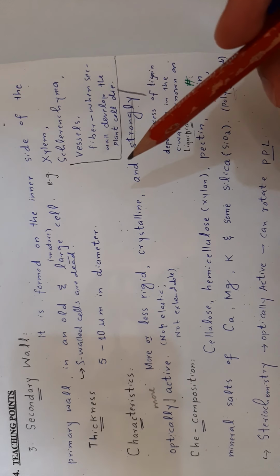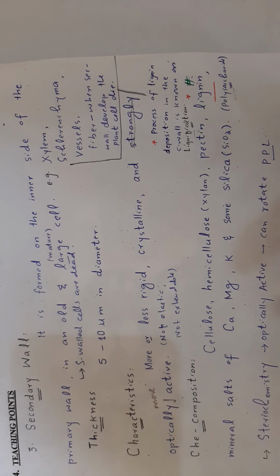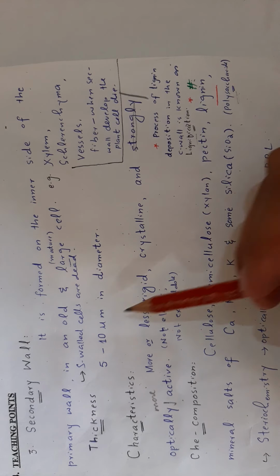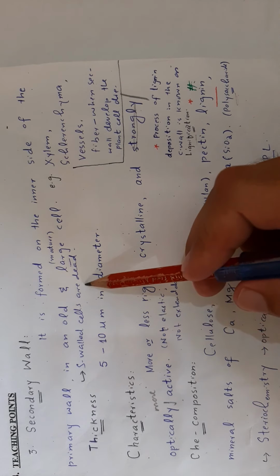Lignified cells are dead because lignin fills the pores between the cell wall, and then the cell wall becomes impermeable to water and solutes. So secondary wall or lignified cells are dead.